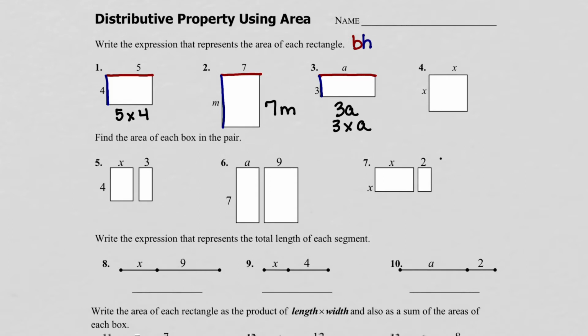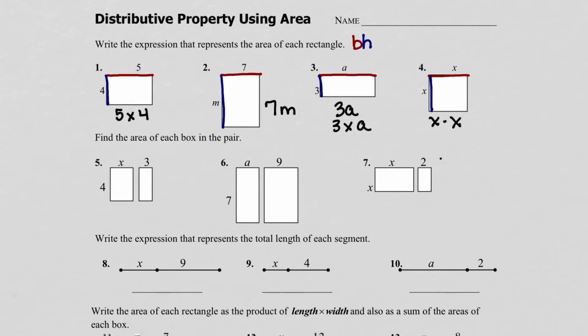And then here, my base is x, and my height is x. So I know that I'm going to be dealing with x times x. And x times x we know is just x squared. Okay, so that is writing an expression that represents the area.